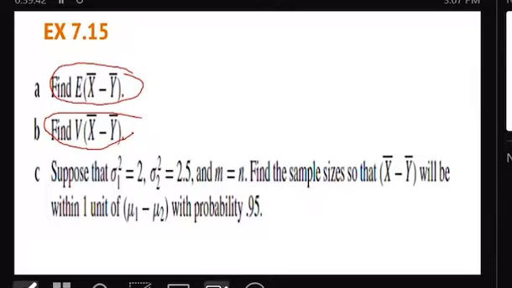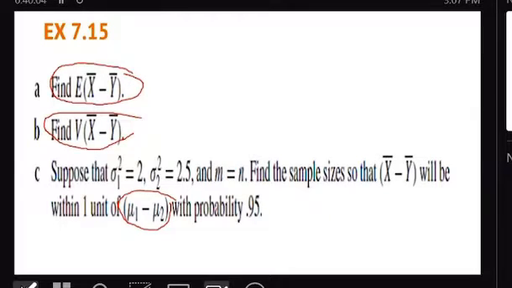Mu1 minus mu2 is the true mean difference. That is the one we are anticipating. The expected value of x bar minus y bar is just going to be an estimate.